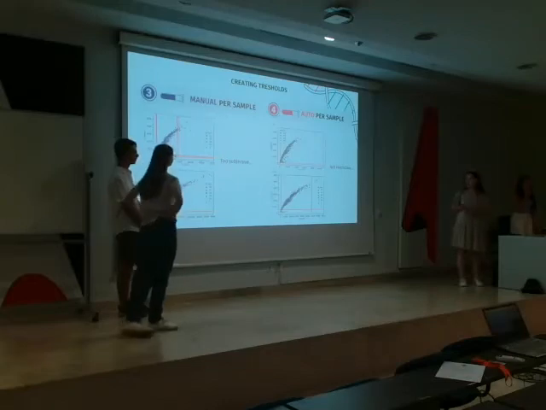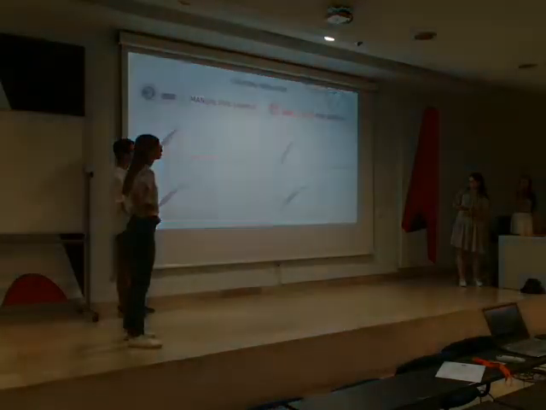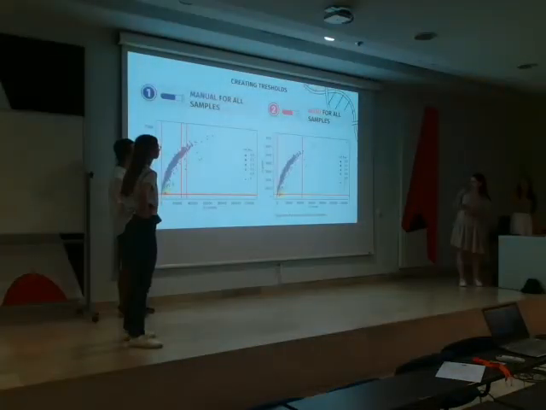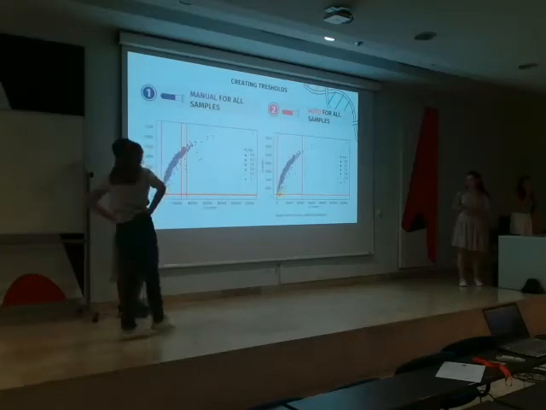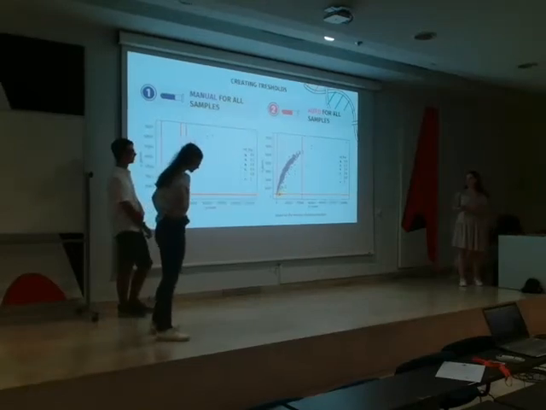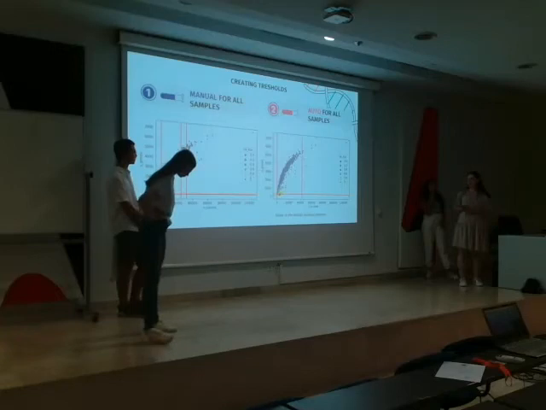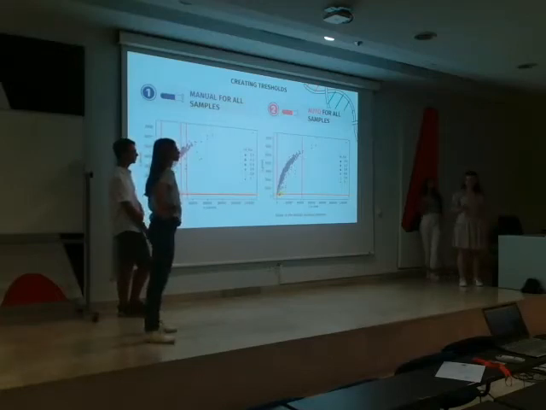We decided to go with the manual for all samples because it canceled the cells that we know are not important, but it also kept some of the cells down here that we still wanted to check out. Did this answer your question?